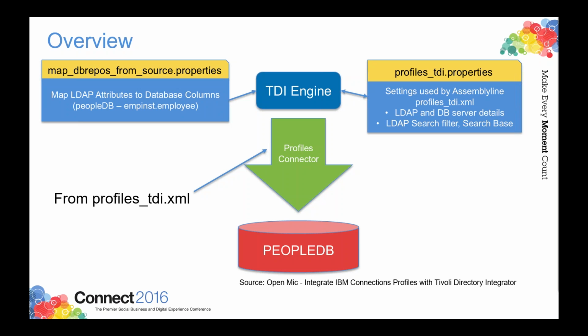That's the file where the mapping from LDAP attribute to a database field is stored. These property files are used by the TDI engine. The profiles connector within the assembly line reads these values and creates or updates your user profiles within the people database.